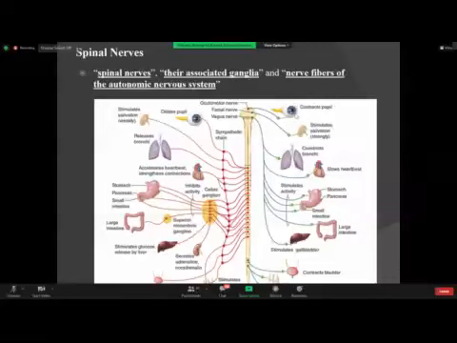You don't want extra information to go into your brain. Salivation, yes, now you have time to eat and enjoy life. It contracts the bladder, which basically resolves this issue. It stimulates erection in sex organs. So in general, this is more of a relaxation mode, and this is more of a fight and flight mode.